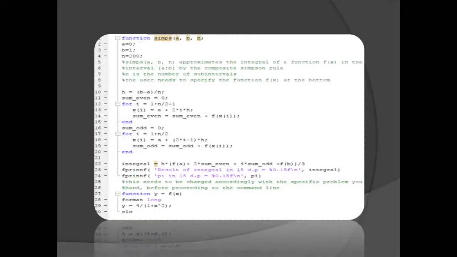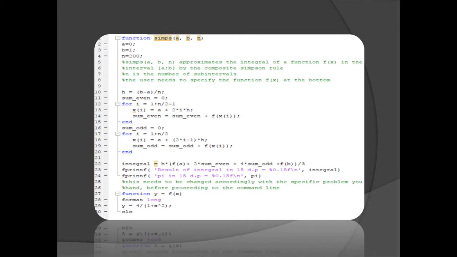At first, in the coding, we need to declare the function of Simpson and write the values of a, b, and n. A and b are the limits of the function, while n is the subinterval. The values of a and b are given in the equation, but not n. So, we need to find the value of n until we get the answer for the equation in pi, which is 3.14159.